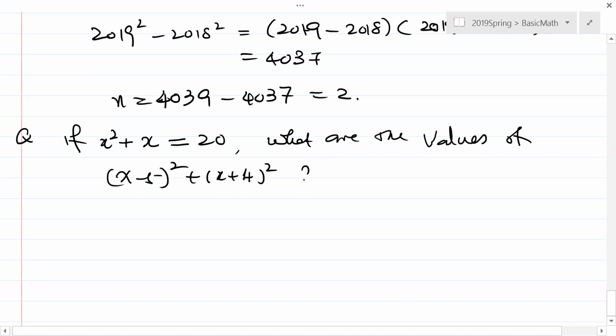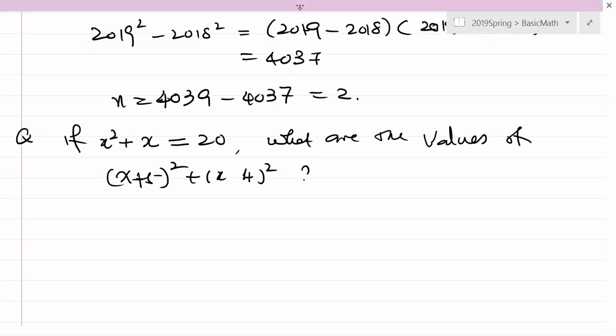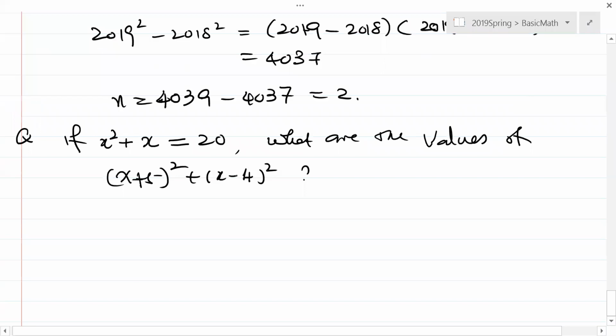Hold on. Did I? Yeah, I think I made a mistake. I immediately went to 5 and I was like, 5 is too big, so I went to 4. Yeah, this is correct. Okay, so how do you solve this problem?